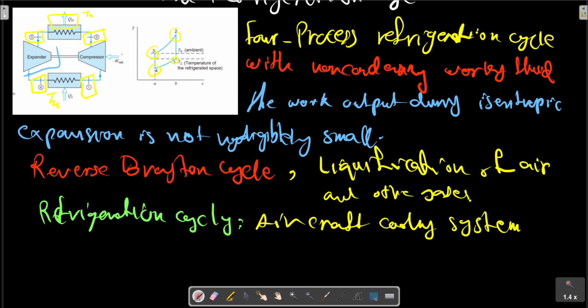Heat may be transferred to the air until temperature TL is reached. The work for this cycle is represented by the area 1, 2, 3, 4A, and the refrigeration effect is represented by the area of the refrigeration effect.